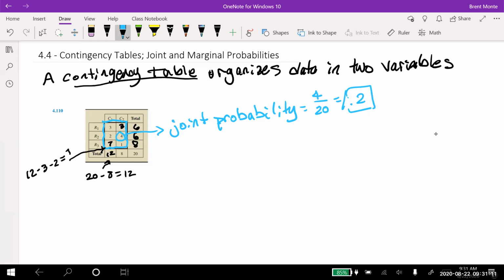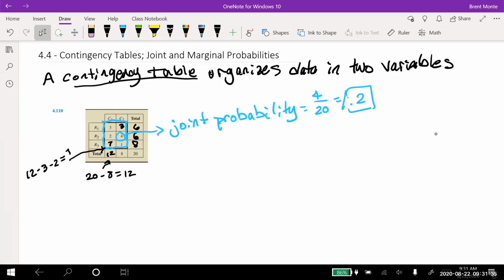So notice that that cell is an and statement. It's how often is it going to happen that R2 and C2 both happen? Well, it's 4 times, and it's 4 out of 20. So the probability is 0.2. Okay, so that's what the joint probabilities are. Any of those 6 values inside those cells can give us joint probabilities.